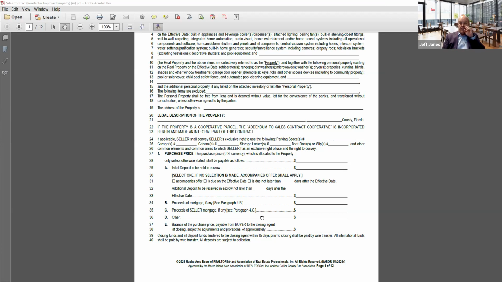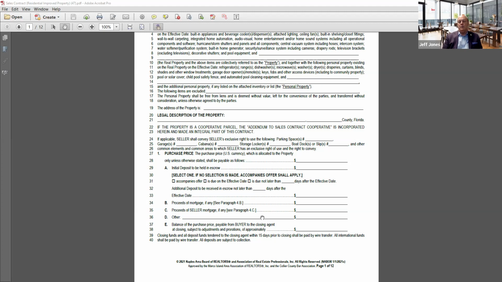So if your inspection is 10 days, you have 5 days to ask the seller to repair, and then the seller has 10 days to respond. So you put that on day 26 or day 25. That would mean you would know positively whether you're moving forward before you put down that deposit.